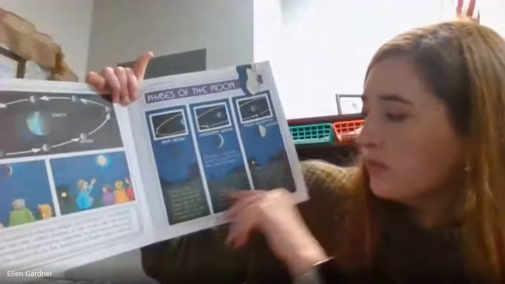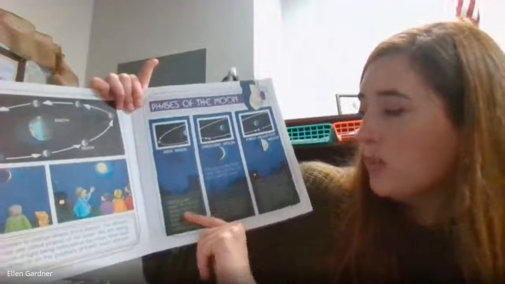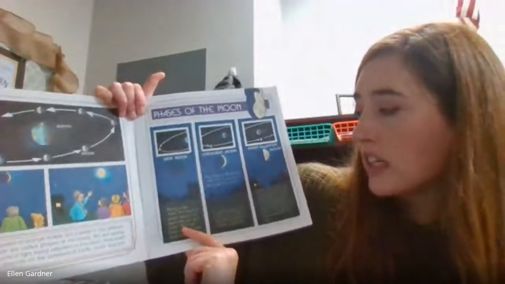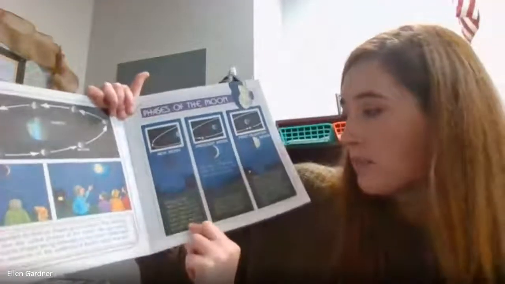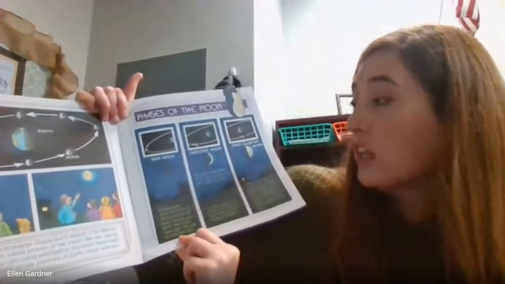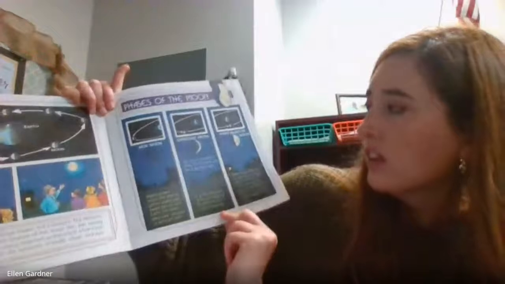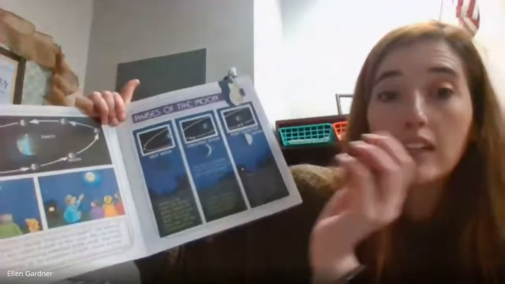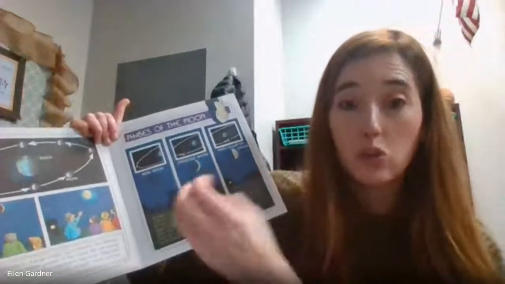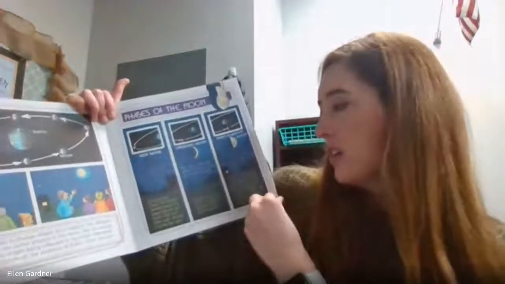Okay, and a little extra on the new moon. During the new moon, the moon is almost directly between the sun and Earth, almost completely between them. The moon looks dark. We see no reflected light. Then for a crescent moon, it's either waxing or waning as it's starting to gain light or almost completely losing light.